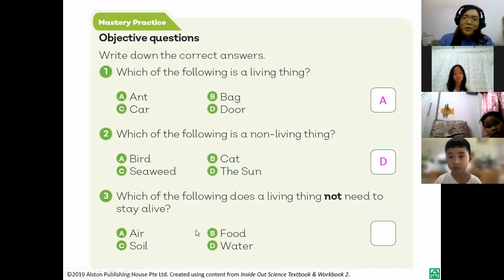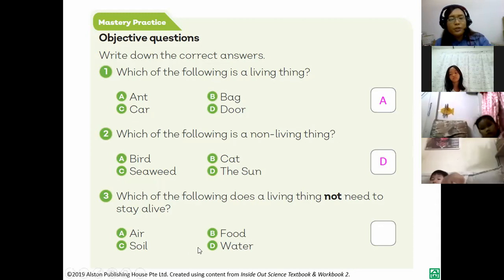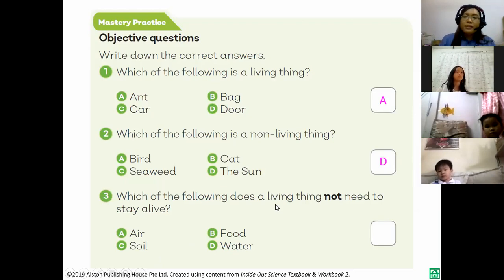Very good. So we have 4 options here. A, air. B, food. C, soil. Or D, water. Soil. What letter? C. Okay, very good. So that's letter C.